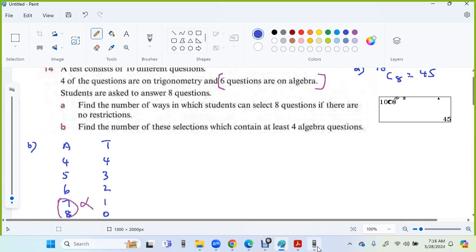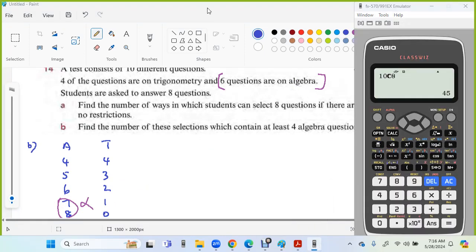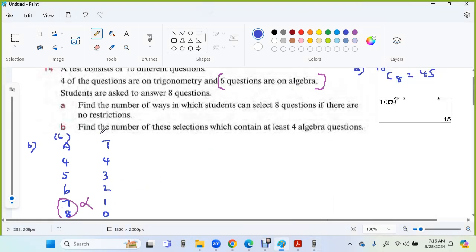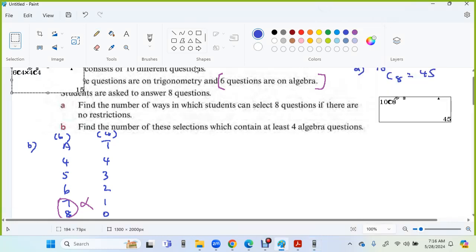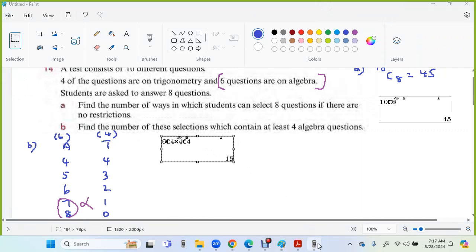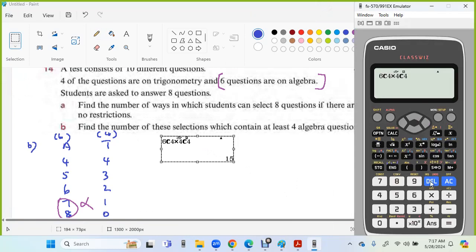Okay. So we have the algebraic out of 6, and then the trigo out of 4. So we have the 6 choose 4, and then times the 4 choose 4 is the first case, 15. And then we have the 6 choose 5 and 4 choose 3.